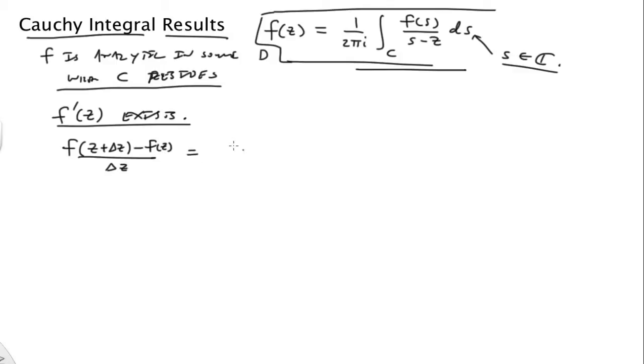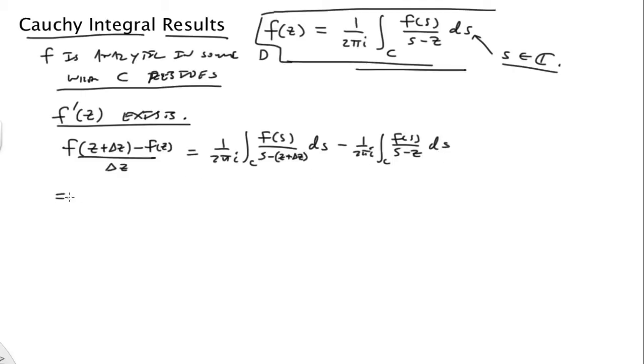Okay, and that's going to be 1 over 2 pi i integral over the contour of f of s divided by s minus z plus delta z ds, and then we're going to subtract from it 1 over 2 pi i integral around the contour of f of s over s minus z ds.